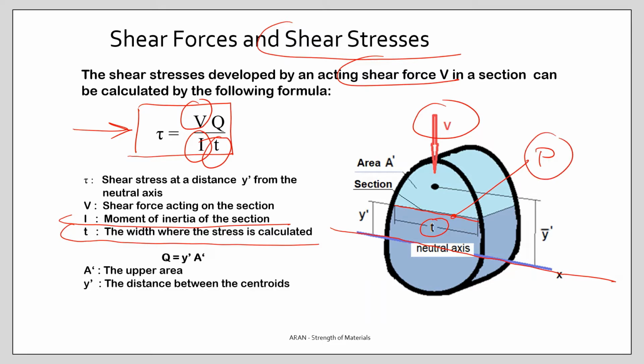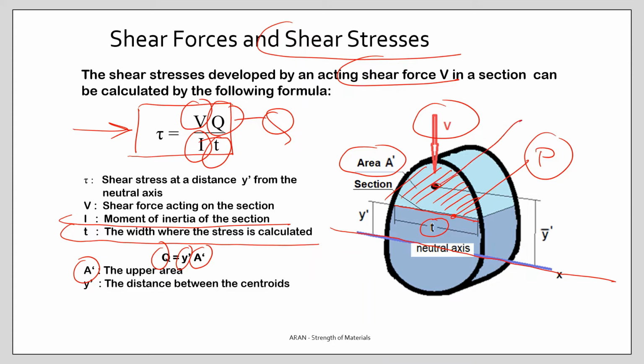Then we have a new value, which is Q. How is Q defined? Q is defined as y prime times A prime. A prime, this area above the line, is the area A prime. You have to calculate it.